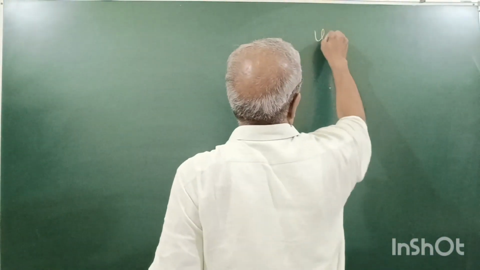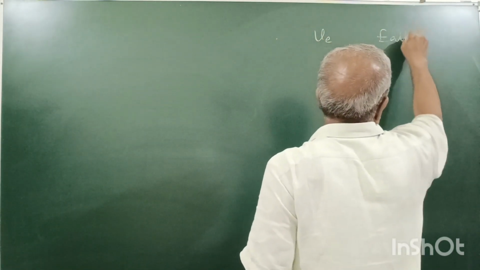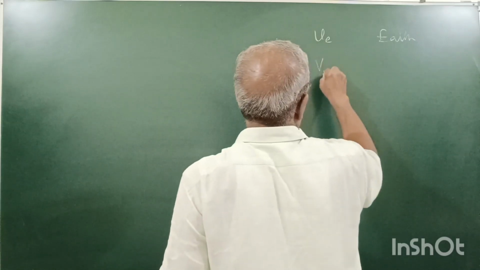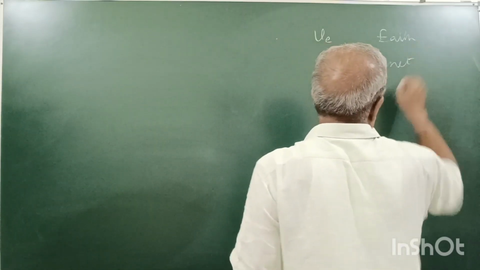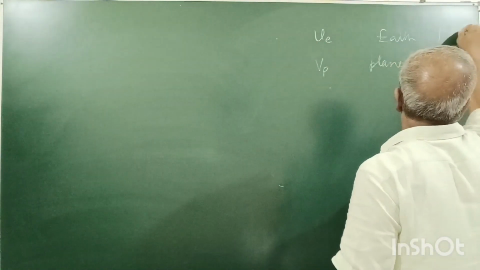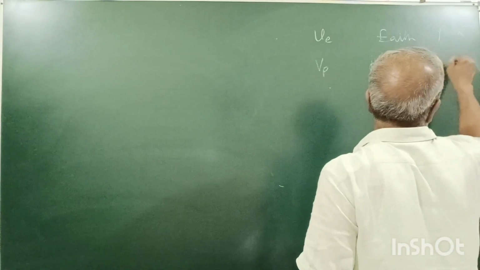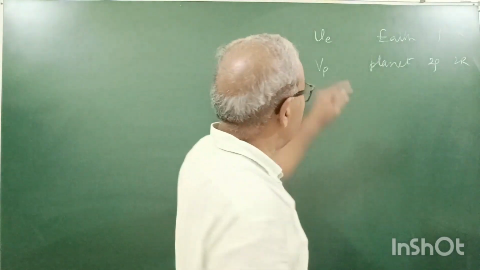If VE is the escape velocity from Earth, and VP be the escape velocity from the planet. Planet has, if Earth's density is rho and radius r, its density 2 rho and 2 r the radius. So what is the ratio of VE upon VP?